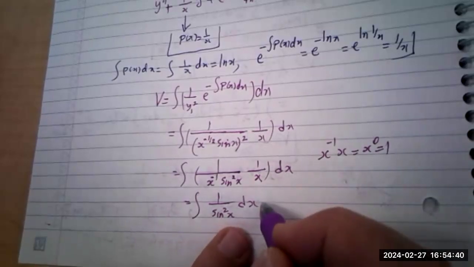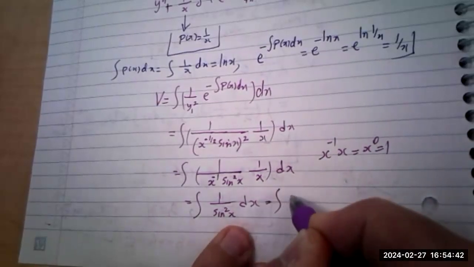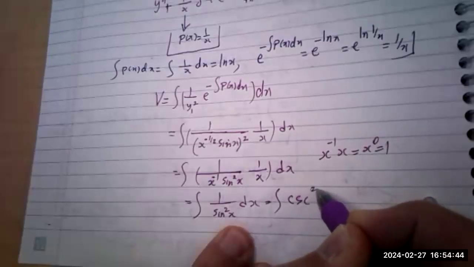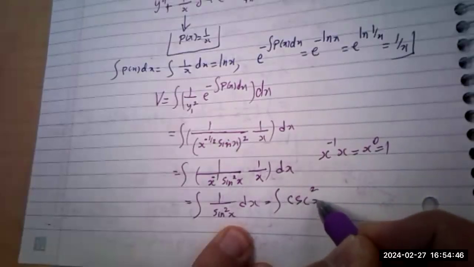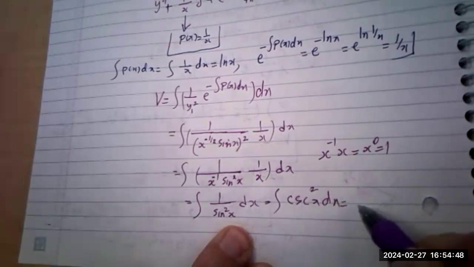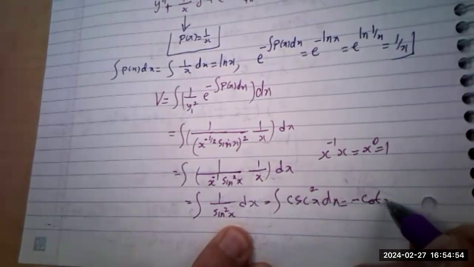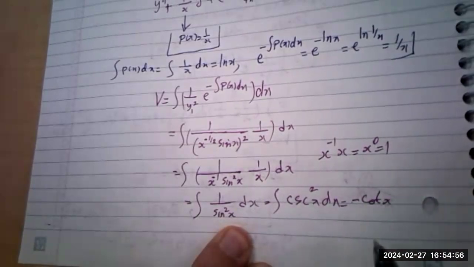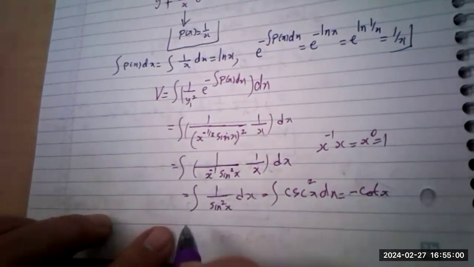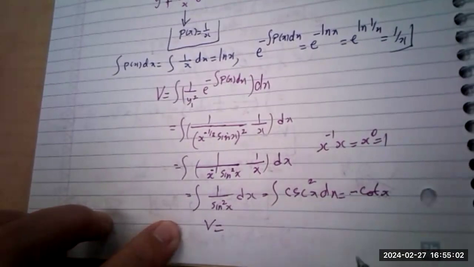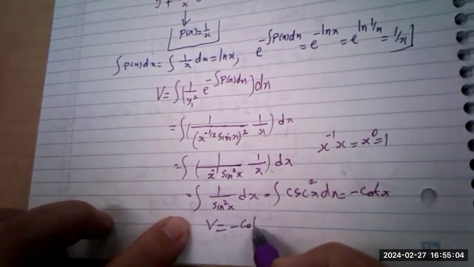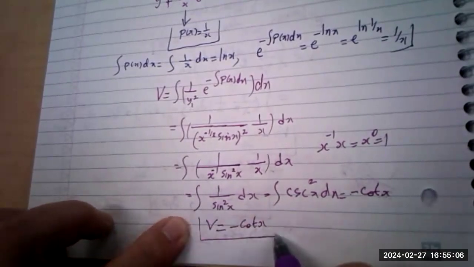It's cosecant square of x dx, and that would be negative cotan of x. That's it, we have the v over here. So that gives you negative cotan of x.